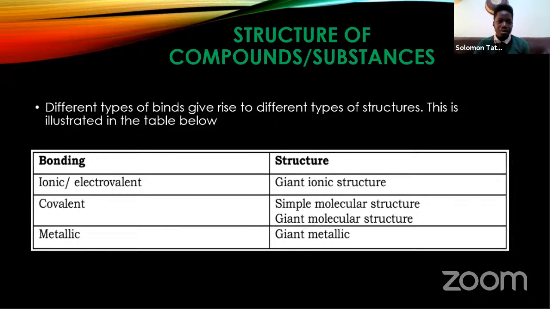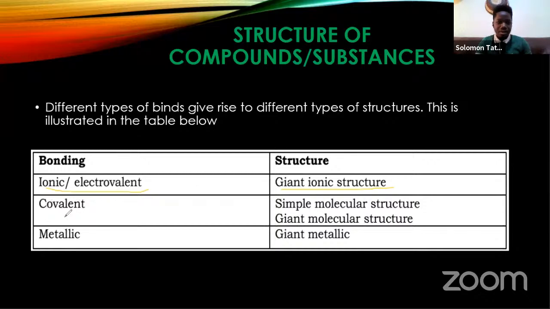Different types of bonds give rise to different types of structures, and this is illustrated here in this table. When atoms bond with one another, they form various structures. For example, we have ionic or electrovalent bonding. Electrovalent bonding forms a structure that we call the giant ionic structure.